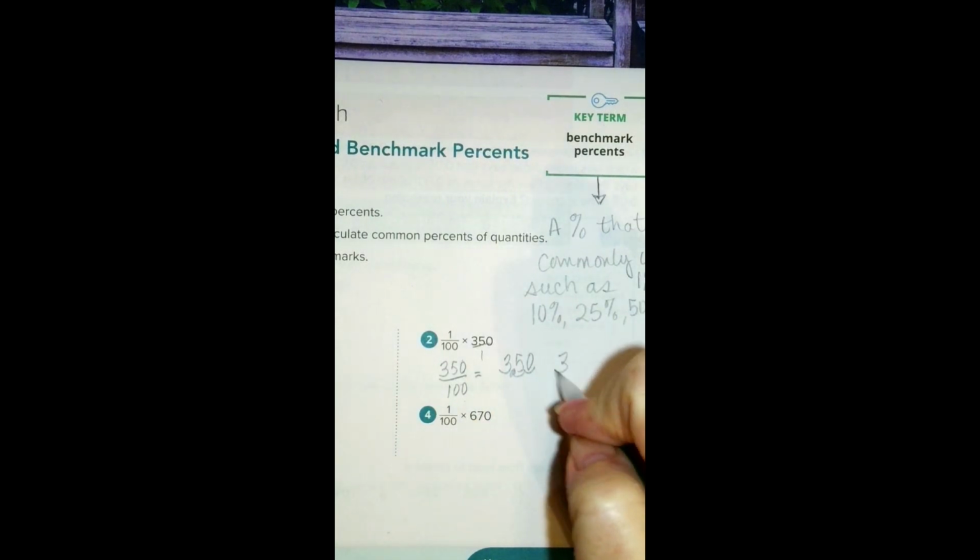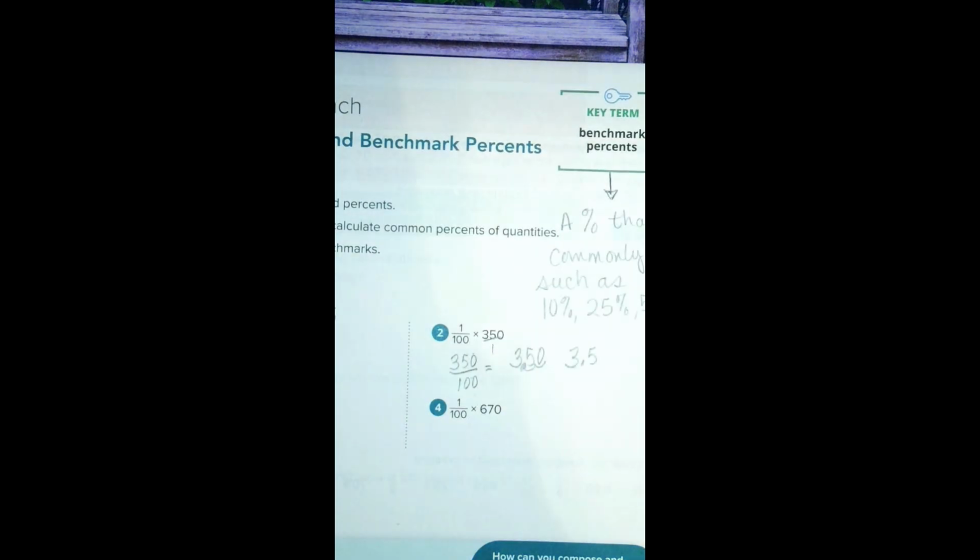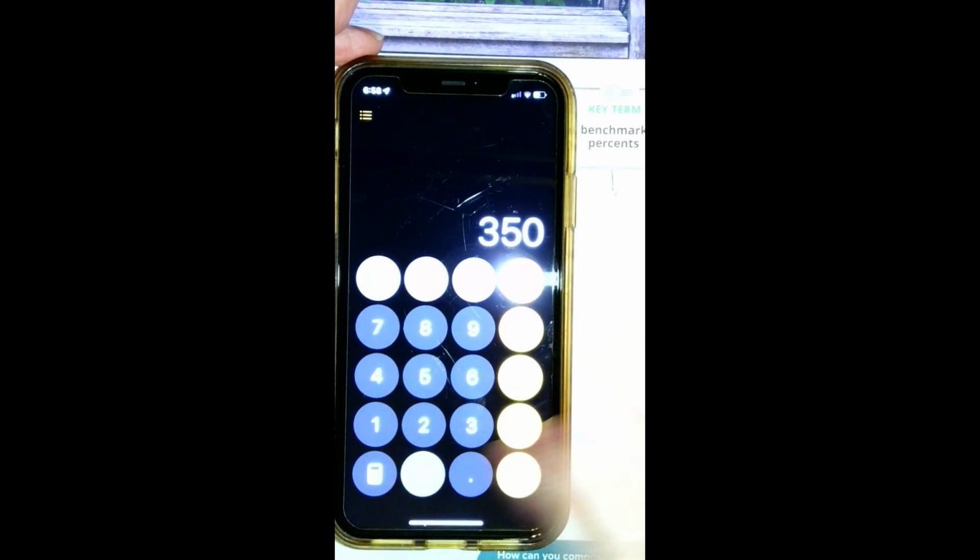So our answer is 3 5/10. Let me show you this one. 350 divided by 100 is 3.5.